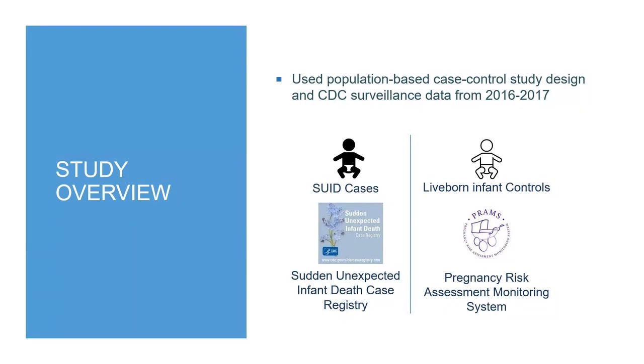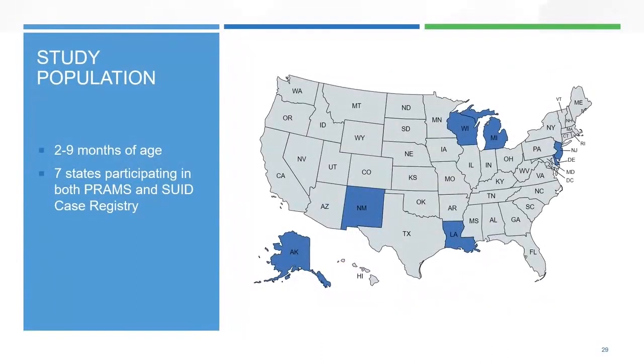The cases, again, were from the case registry, and then we had live-born infant controls from CDC's Pregnancy Risk Assessment Monitoring System, also known as PRAMS. The study population consisted of infants who resided in Alaska, Delaware, Louisiana, Michigan, New Jersey, New Mexico, and Wisconsin, which are states participating in both the SUID Case Registry and PRAMS.